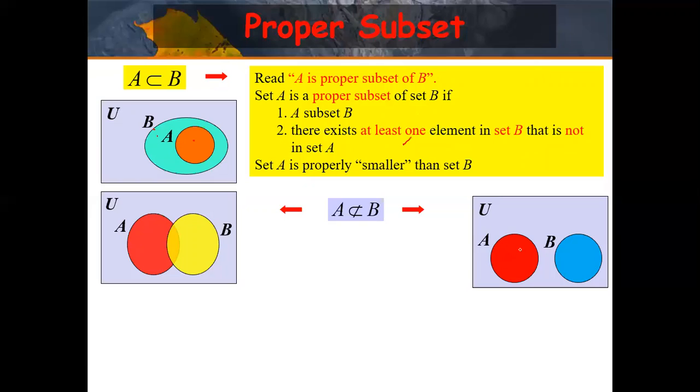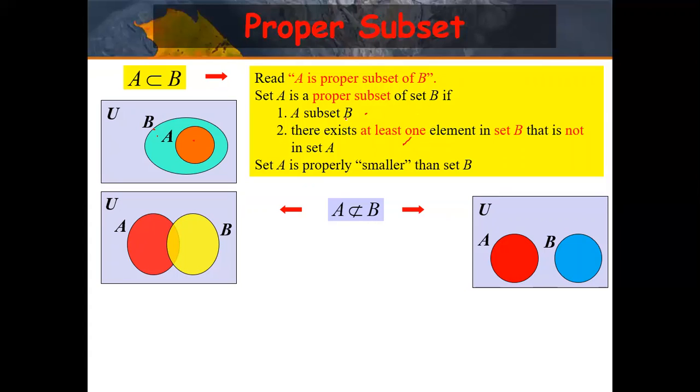Yang ni, A subset B, tak subset. Sorry, first pun dia tak satisfy, second pun tak satisfy. Subset, so maksudnya they have the same elements, right? So kalau dah separate A, B ni, so they have no common elements lah. Contoh set A 1, 2, 3, set B 11, 12, 13, 14. Sebab dia separate kan. So first condition pun dia dah tak satisfy. A is not a subset of B.